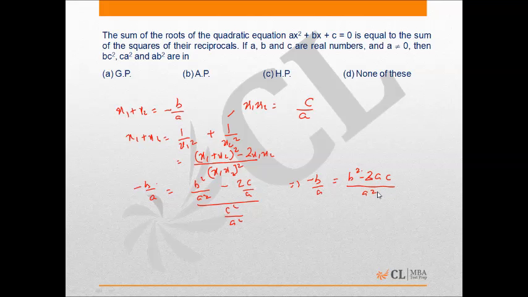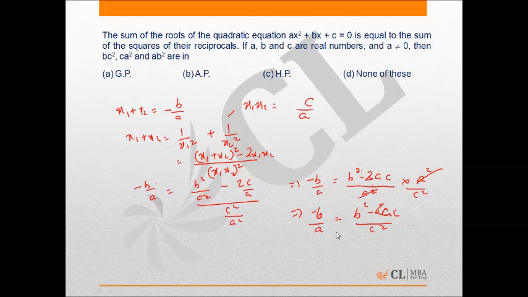This whole thing is divided by c squared upon a squared, so it is multiplied by a squared upon c squared. So a squared gets cancelled out, and we are left with minus b upon a is equal to b squared minus 2ac upon c squared.